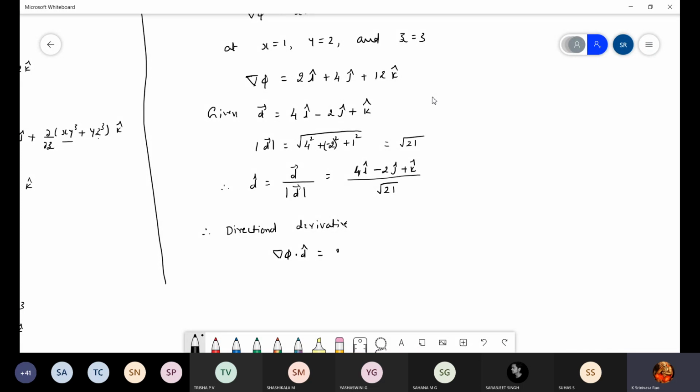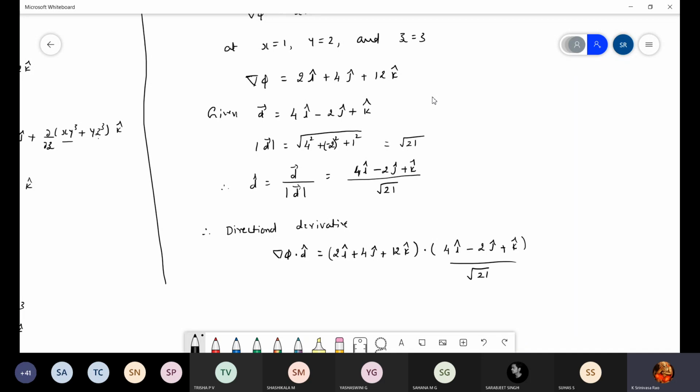Grad phi is 2i plus 4j plus 12k, dot 4i minus 2j plus k divided by root 21.